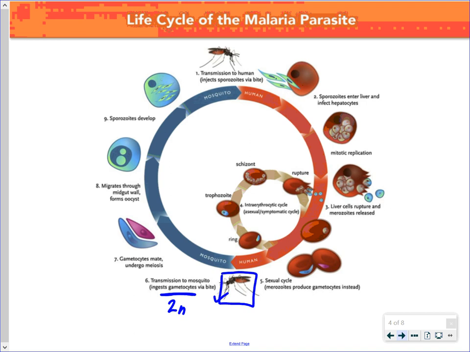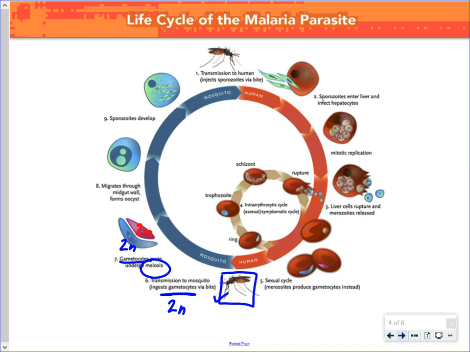So once they're in the mosquito, these gametocytes, which are diploid, are going to go and undergo meiosis to form the haploid sperm and the haploid eggs. So each of these here, this would be our diploid male gametocyte, and the other one would be the diploid female gametocyte.